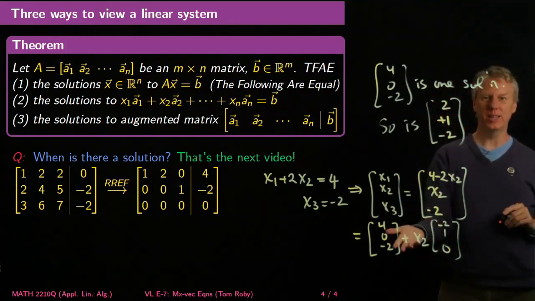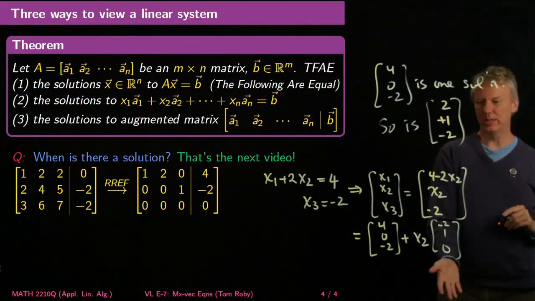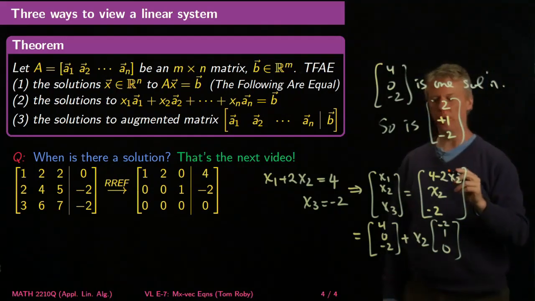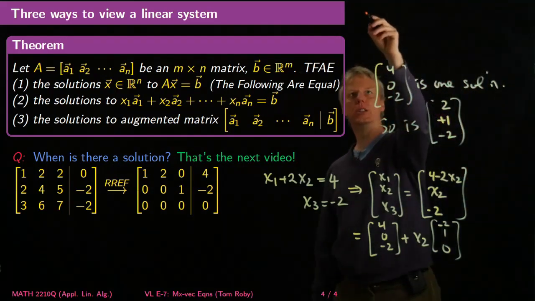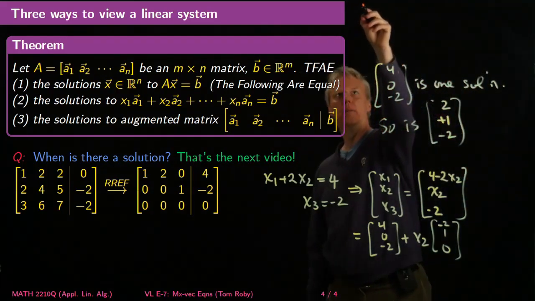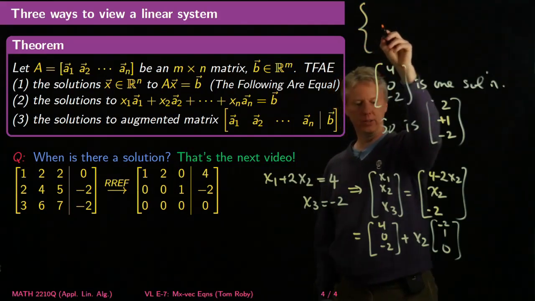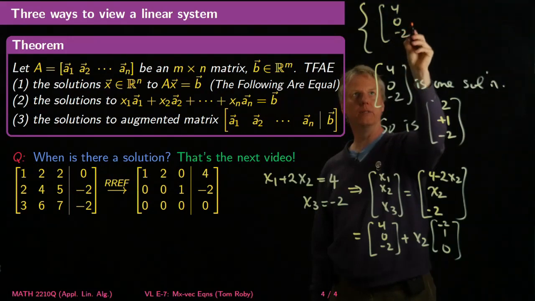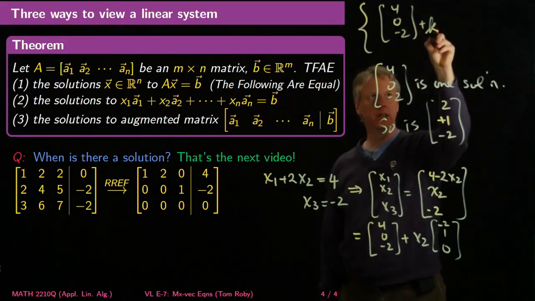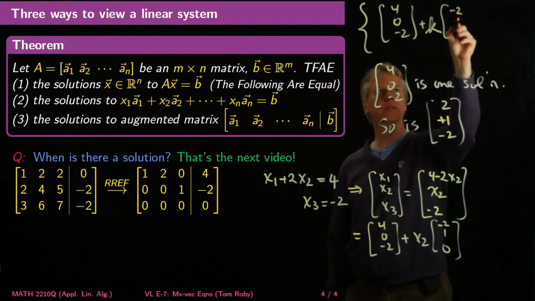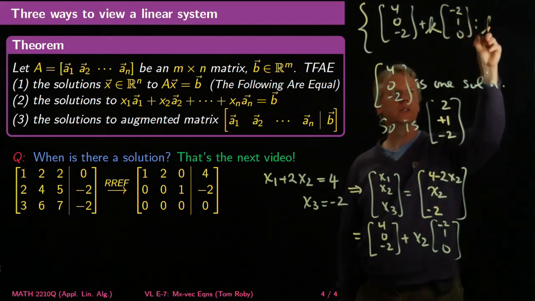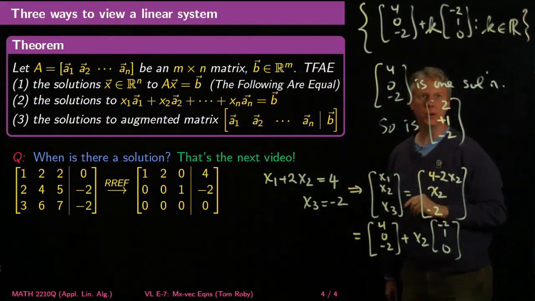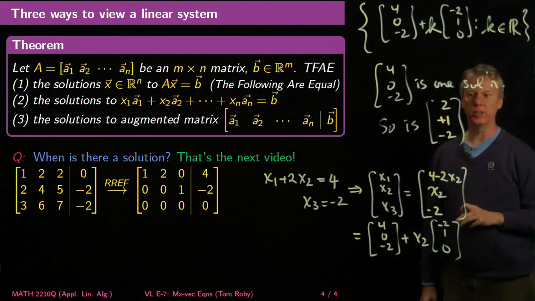Now, if I don't like the fact that x2 is my parameter because it looks like a variable, I can just change it. So sometimes people will write that the solution set is the set of all vectors of the form (4, 0, negative 2) plus k times (negative 2, 1, 0), such that k is an element of the real numbers. That would be one legitimate way to write the solution.